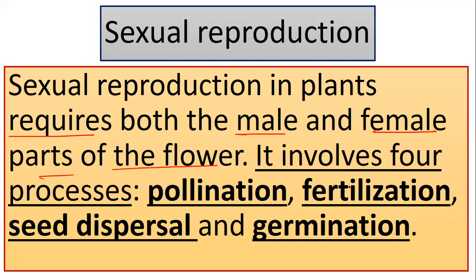The 4 processes are: number 1, pollination. What is pollination? Number 2, fertilization. Number 3, seed dispersal. Number 4, germination. Okay? Sexual reproduction in plants involves 4 processes. Process number 1, pollination. Number 2, fertilization. Number 3, seed dispersal. And number 4, germination.